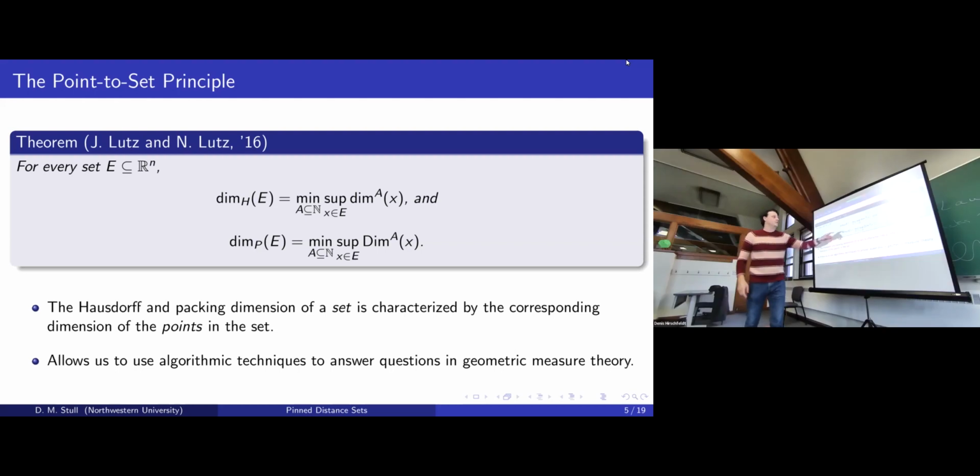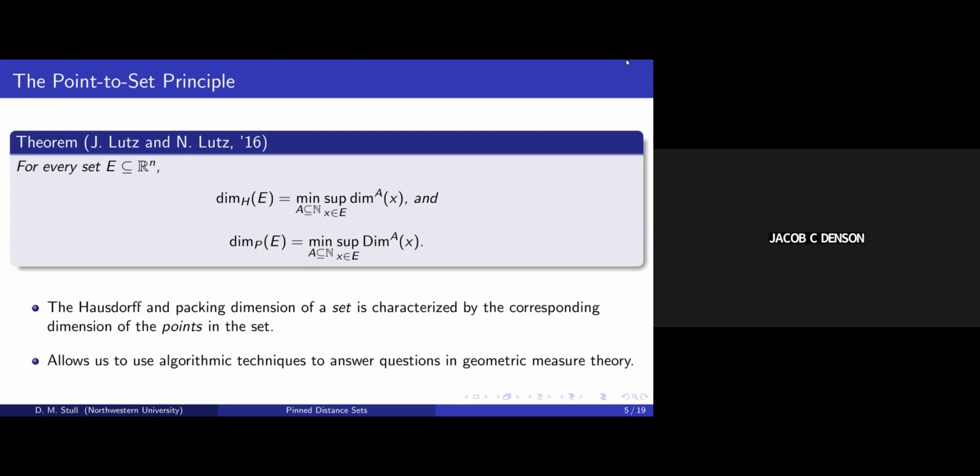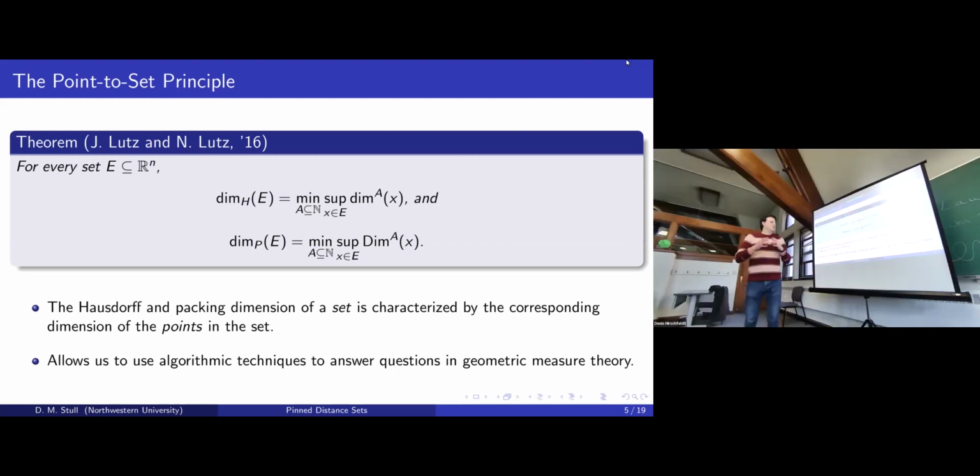If you encode all those into your oracle, you get the minimum. That's interesting. So the oracle tells you which of the sets in your cover you lie in, or something like this. Yeah.